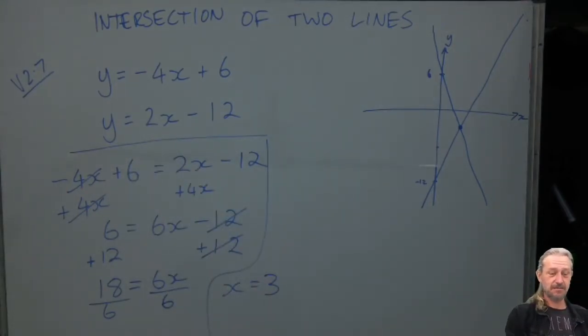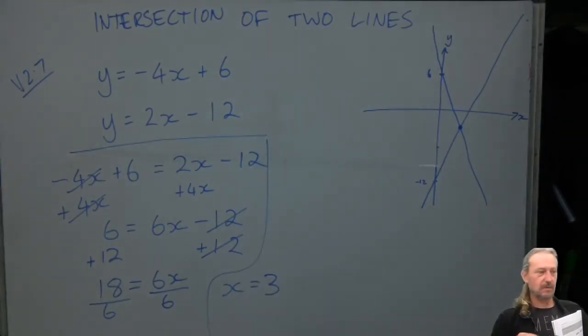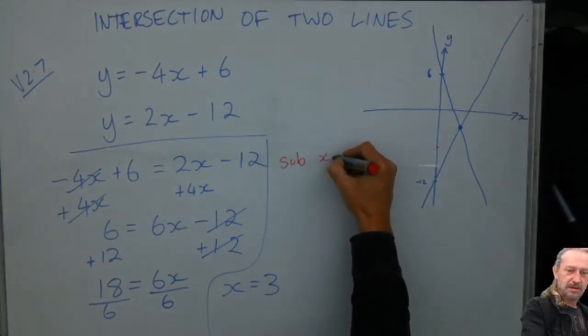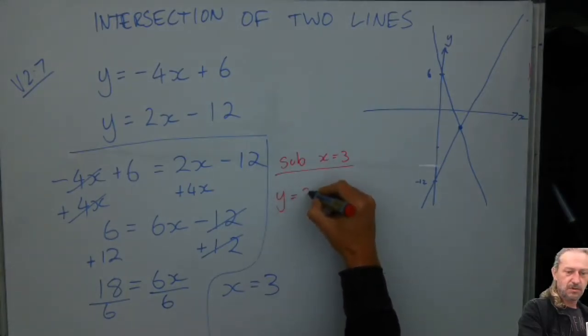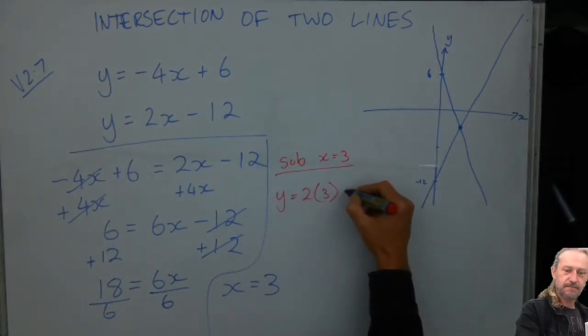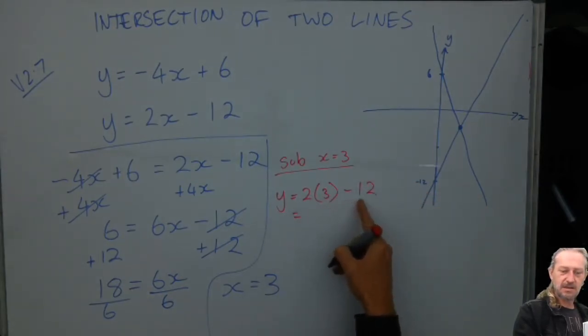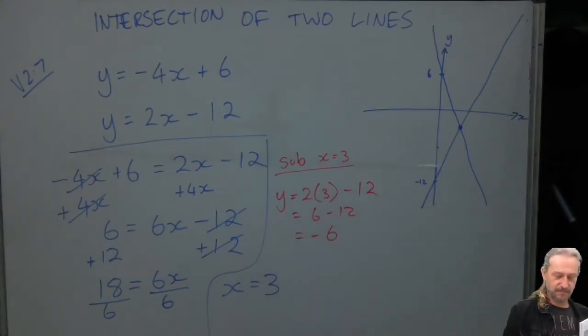That's the only reason. So let's change colour. So then sub x equals 3, y equals 2 lots of 3, take away 12, so that's 6 take away 12 equals negative 6.